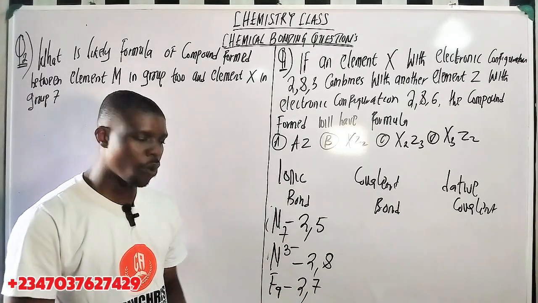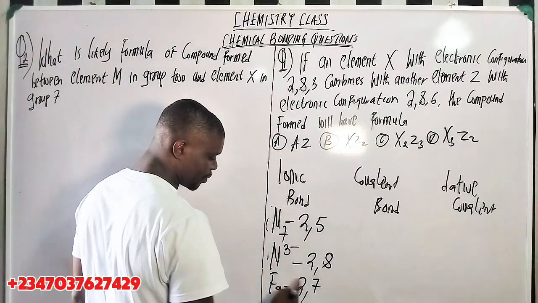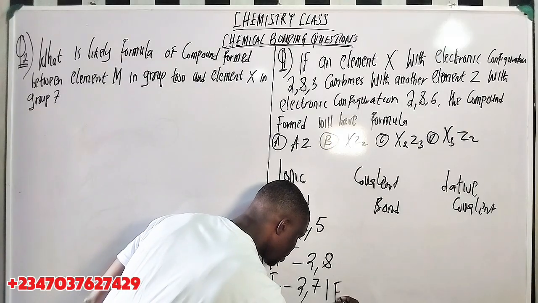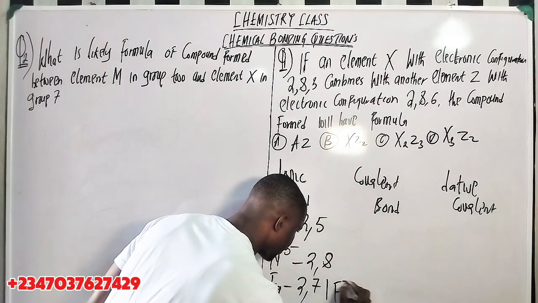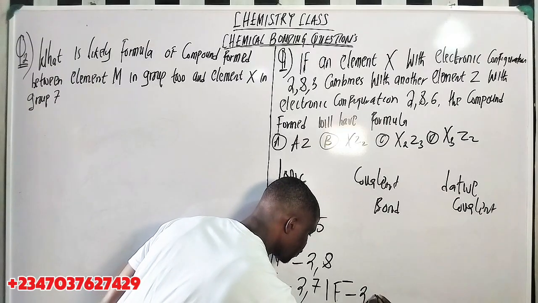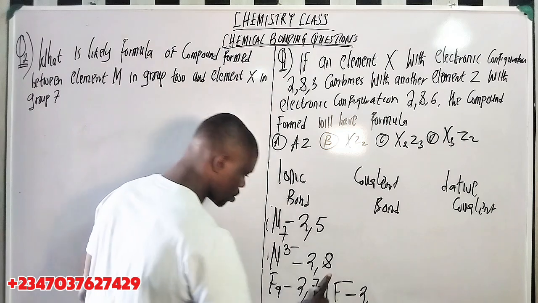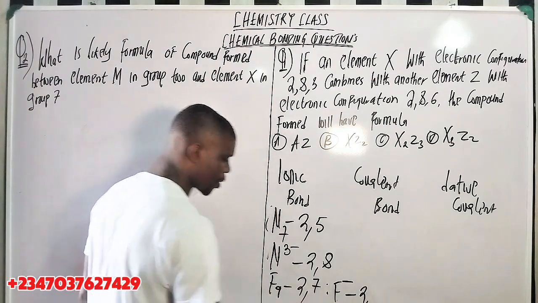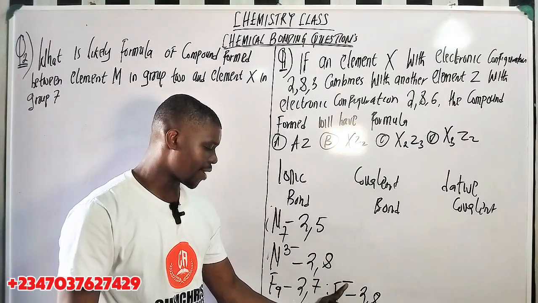Now when it gains 1 electron, we become F-, which is 2, 8. It has gained 1 electron. Why is it 2, 8? Because F here has gained 1 electron.